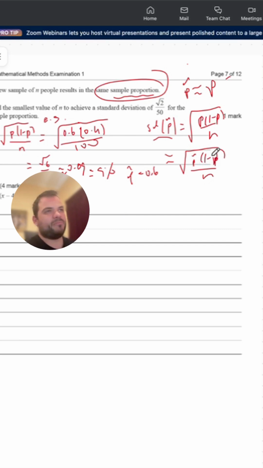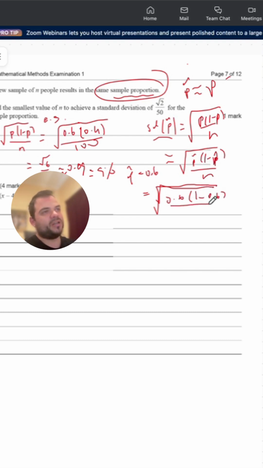Now, that means that our standard deviation is equal to the square root of 0.6 times 1 minus 0.6 over n. And then with square roots, we can take the square root of the top and the square root of the bottom separately. So we get the square root of 0.6 times 0.4 divided by the square root of n.